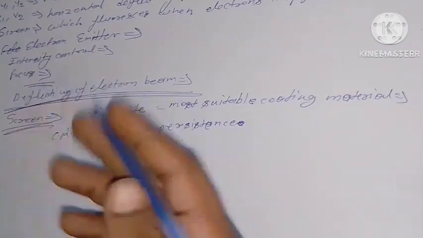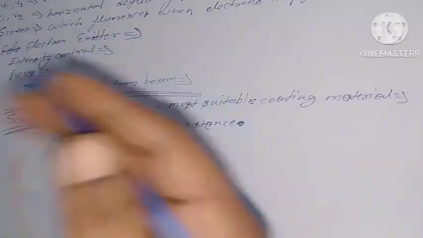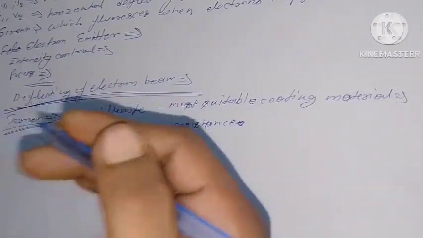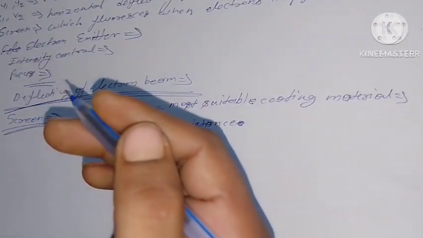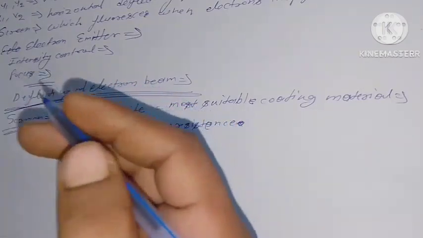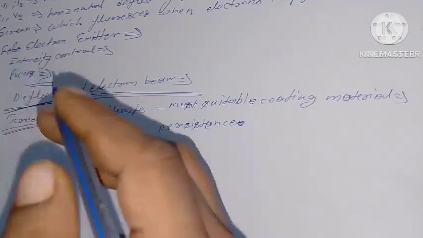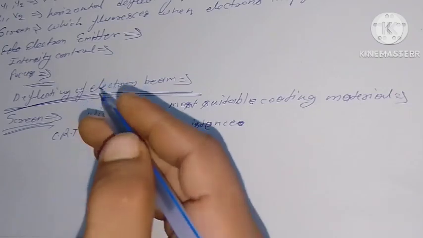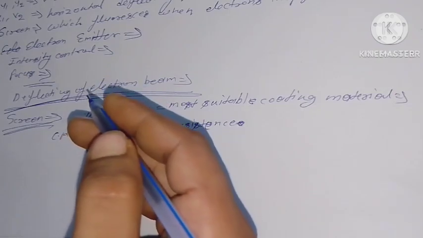This is highly essential for rapidly changing images such as those displayed on a TV screen, because of the persistence of vision of the human eye.